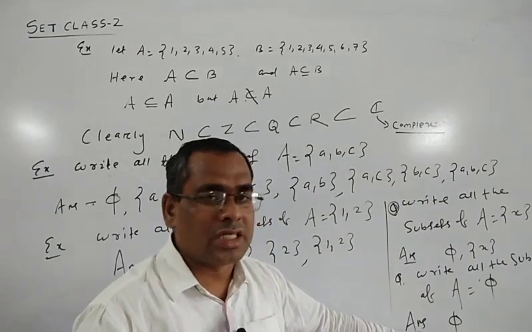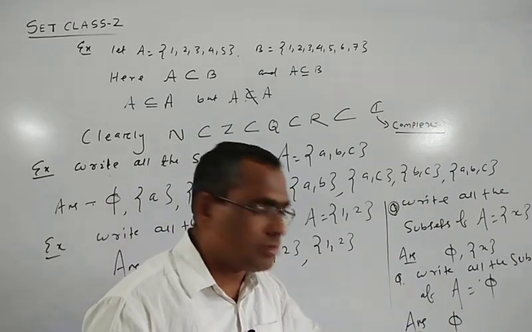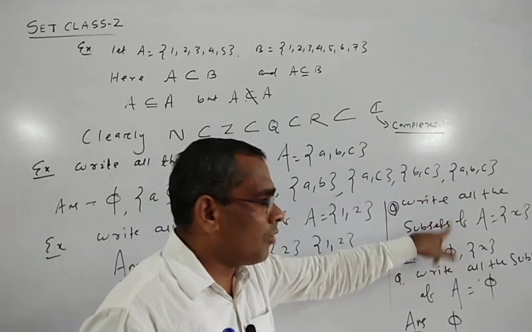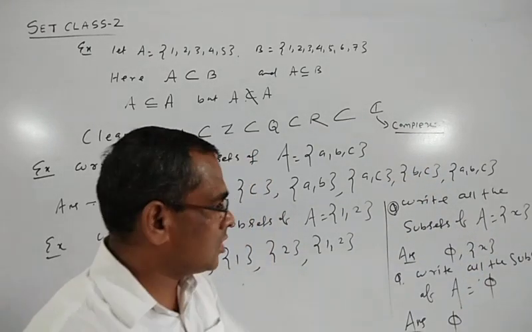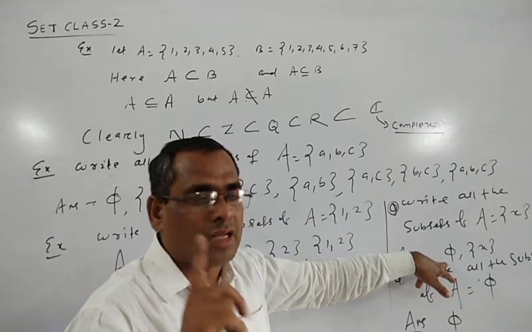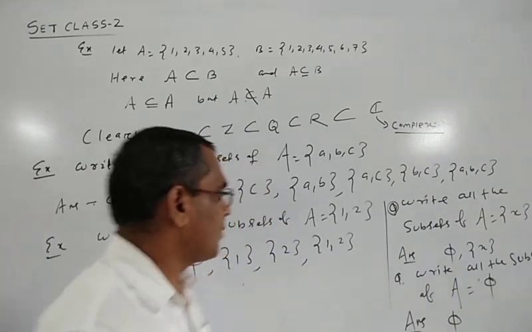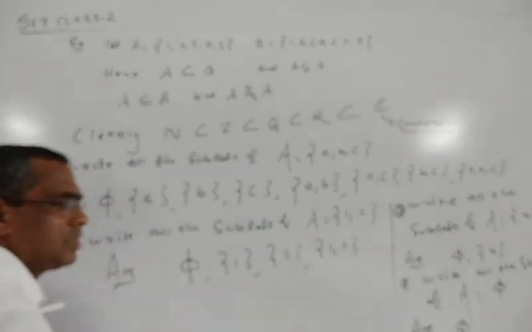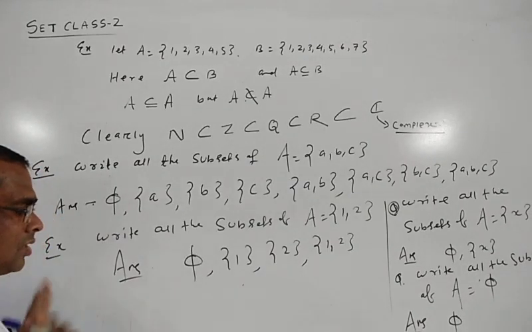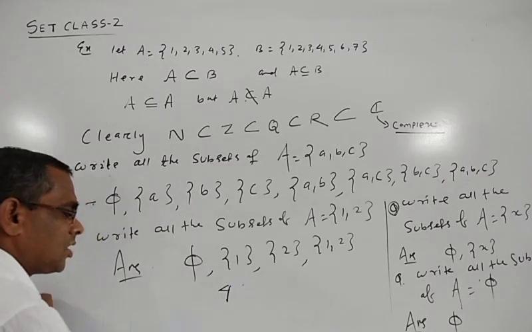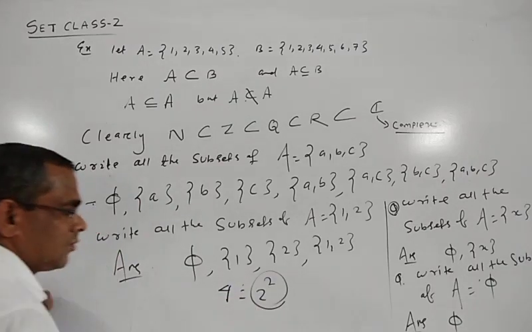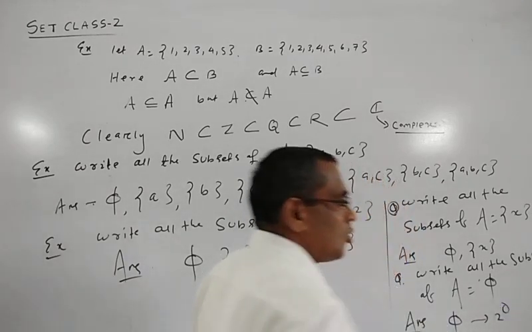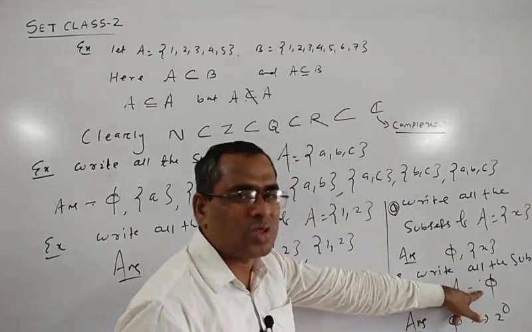The number of subsets of a set containing no element is 1. The number of subsets of a set containing one element is 2. The number of subsets of a set containing 2 elements is 4. So 4 means 2 to the power 2. The number of subsets here, 1, means 2 to the power 0, because phi has no element.